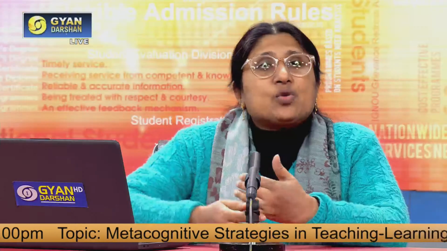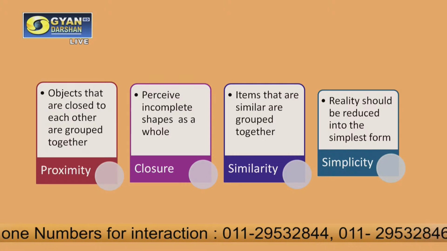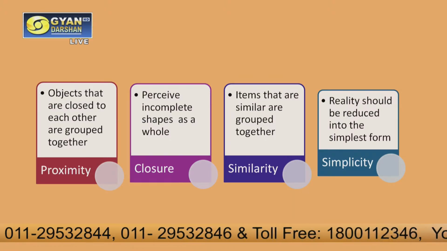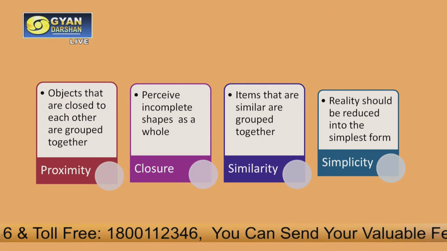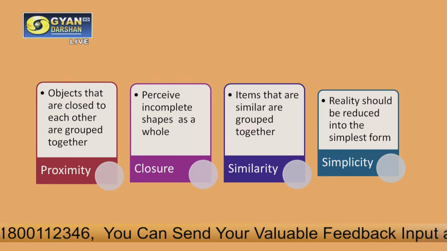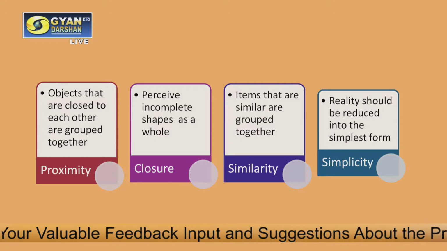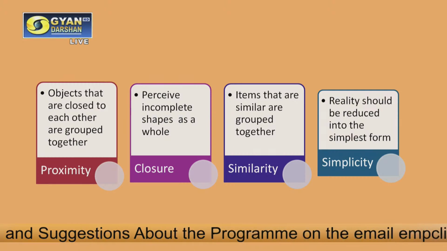What are the laws of organization? They can be categorized into four: the law of proximity, the law of closure, the law of similarity, and the law of simplicity. Let us go through each law in a little detail. What do we mean by the law of proximity? The term itself denotes nearness.